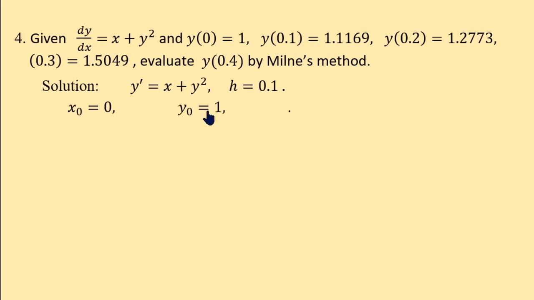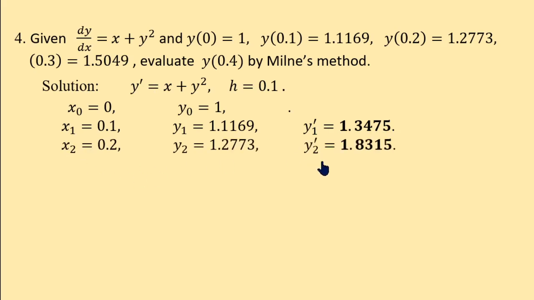x0 is 0, y0 is 1, x1 is 0.1, y1 is 1.1169, and y dash is x plus y square. Substitute x and y values 0.1 and 1.1169 in this. 0.1 plus 1.1169 whole square, that is y1 dash, 1.3475.